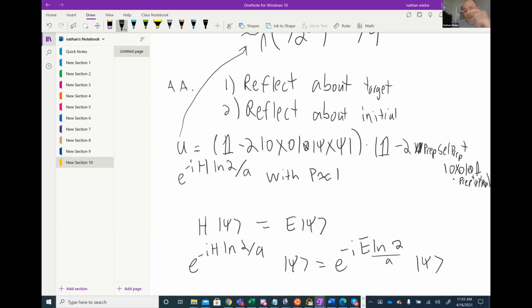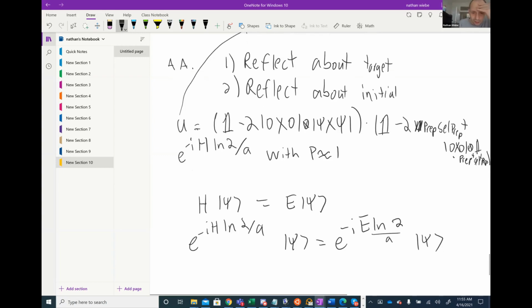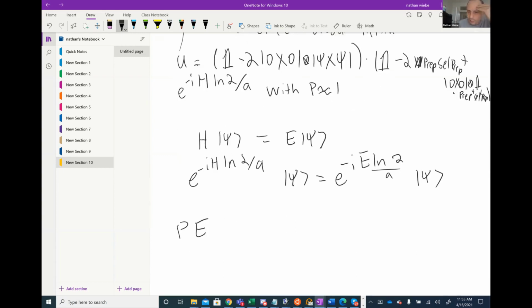And so that means that if we apply phase estimation on this whole thing, then psi will end up getting mapped to psi and some extra ancillary qubits, and a bit string that's going to encode E ln 2 over A.